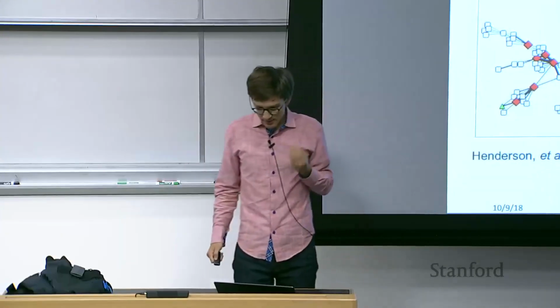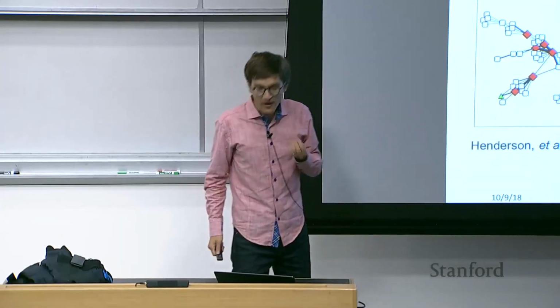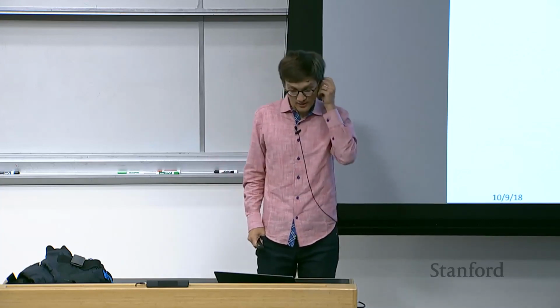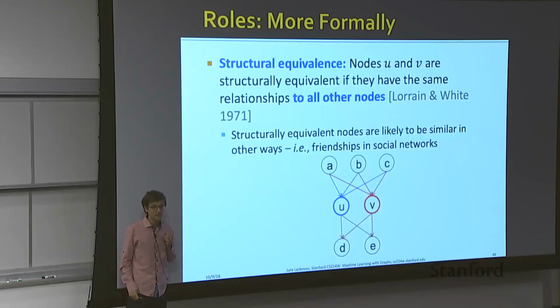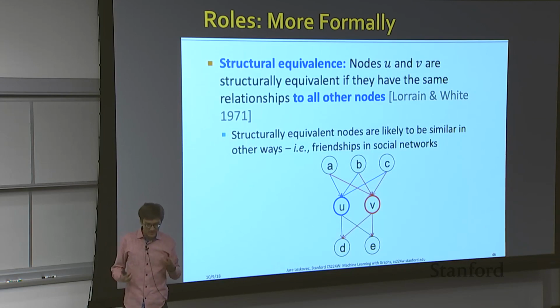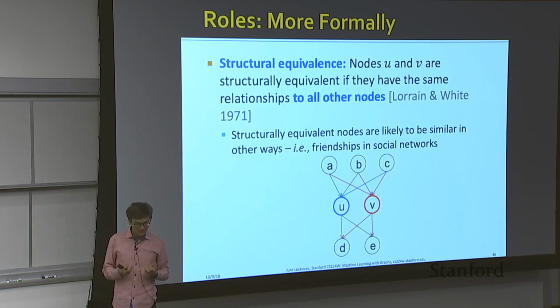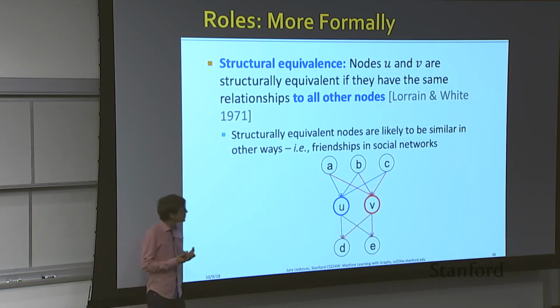So let me tell you how to define a role more formally. This is actually a concept coming from social network analysis from the 1970s. The idea is that there is this notion of structural equivalence, where it is said that nodes U and V are structurally equivalent if they have the same relationships to all other nodes, right?